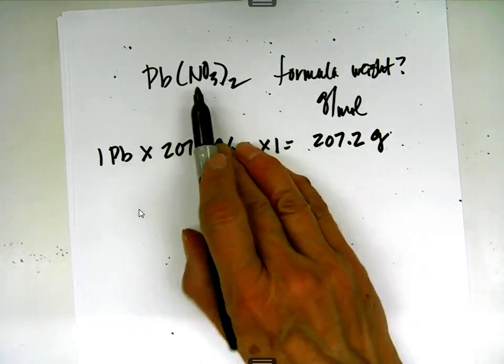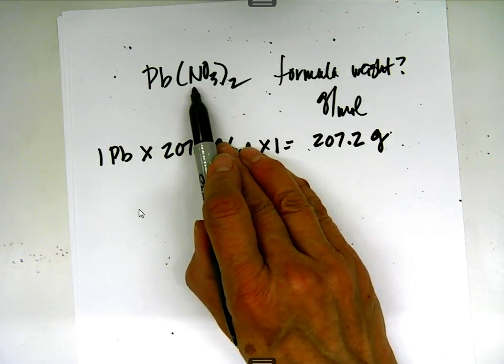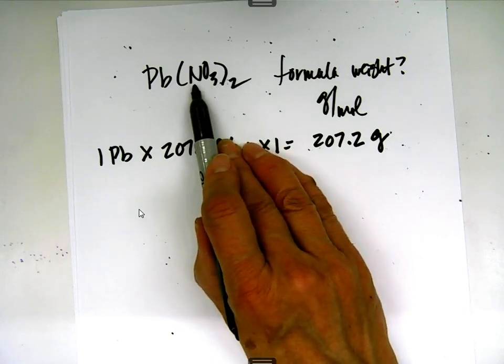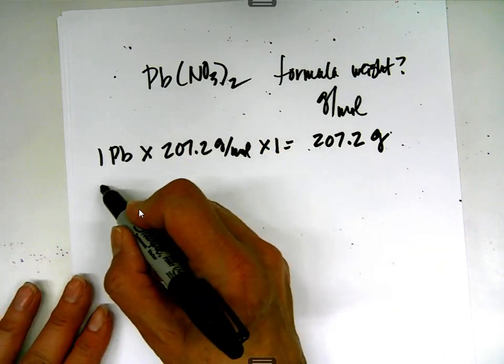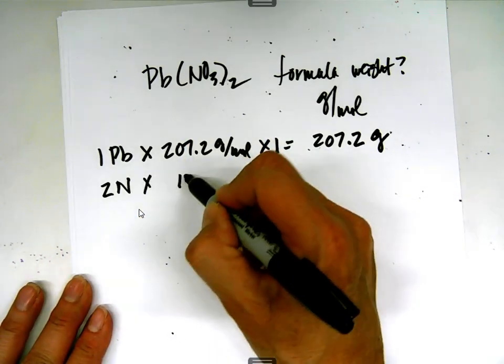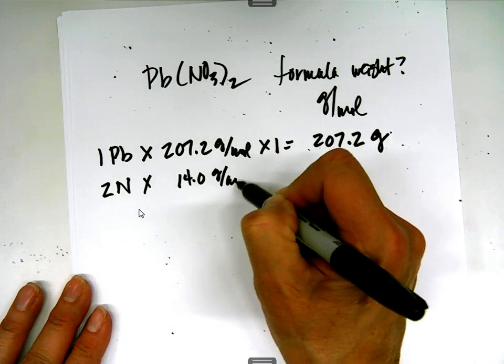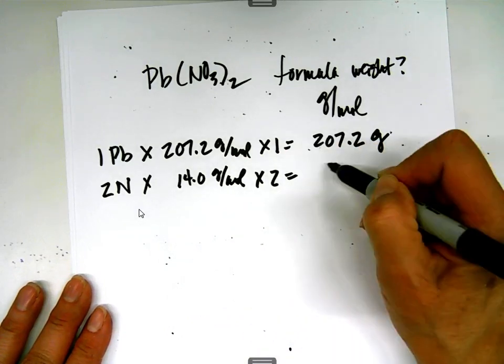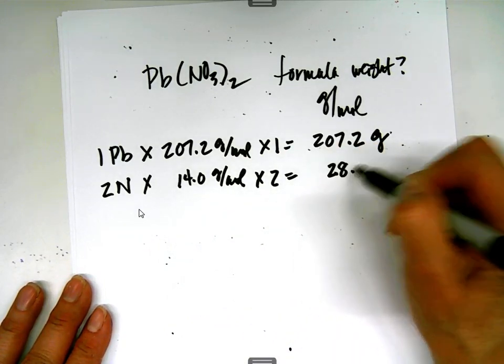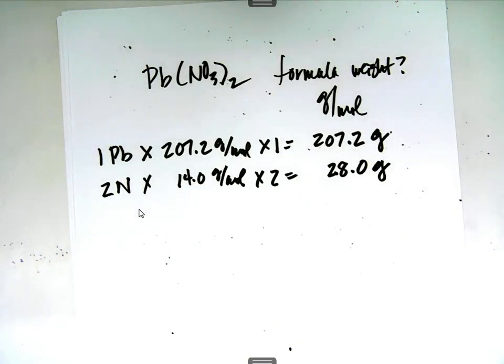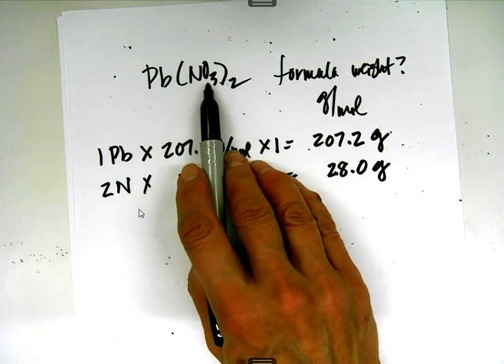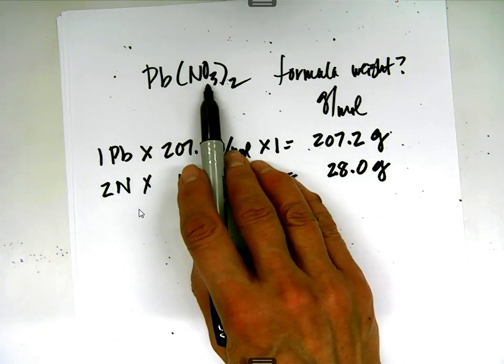Now, if I look at lead nitrate, how many nitrogens do I have in a unit of lead nitrate? Not 1, 2. That subscript on the outside counts for everything on the inside. So I actually have 2 nitrogens. Each nitrogen is 14.0 grams per mole, times 2 pieces gives me 28 grams. How many oxygens do I have in that compound? 6. 3 times 2 is 6.